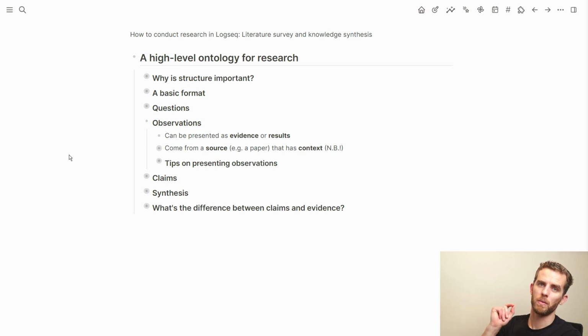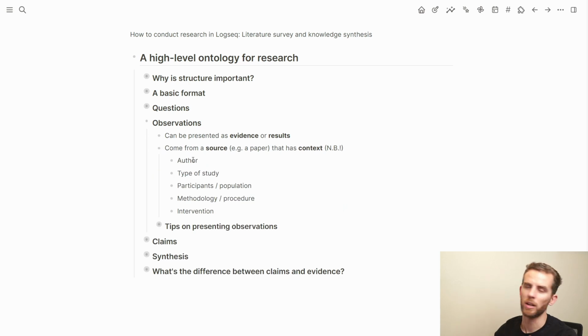Evidence, when considering it in the case of literature survey or your research process initially, comes from a source. So it's not from an experiment in this case, but later down the line you'll have results from your experiments. And it's important to note that that source has a context. It has an author, obviously, but authors have their biases, etc. Important context there. A type of study.